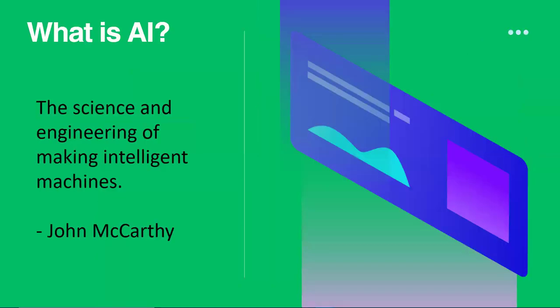Now, John McCarthy, who is considered one of the fathers of artificial intelligence, simply defined artificial intelligence as the science and engineering of making intelligent machines. It is simple, but it's quite broad.